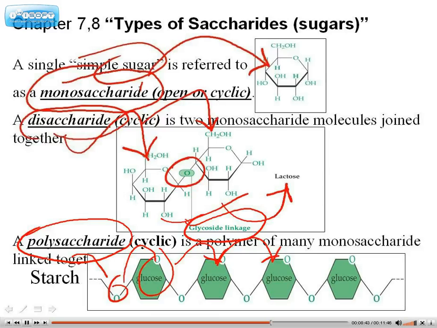Poly meaning many. So, oftentimes, when the body is not using sugar, it will store it in this form right here, compacting the sugar units into a polysaccharide for a little bit longer storage, until it's ready to be used.